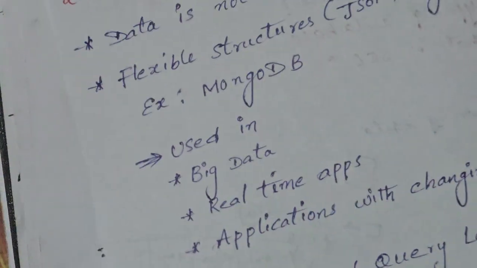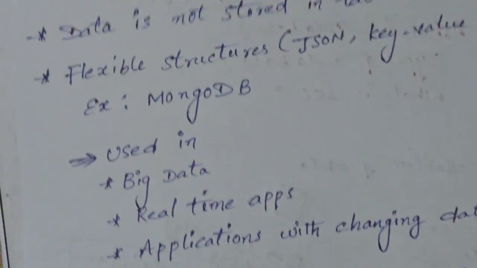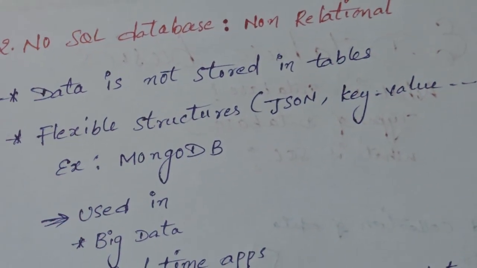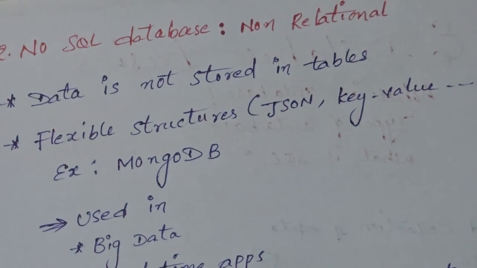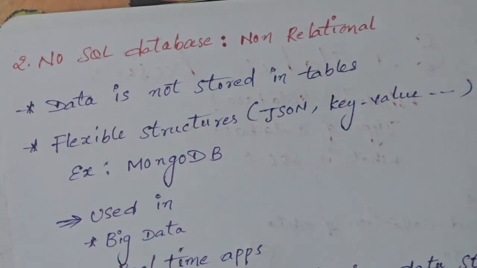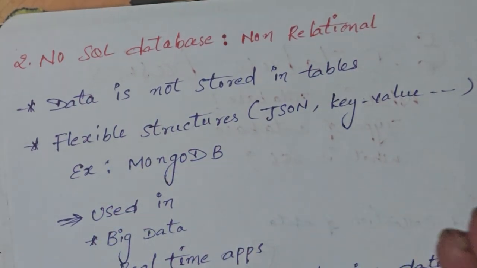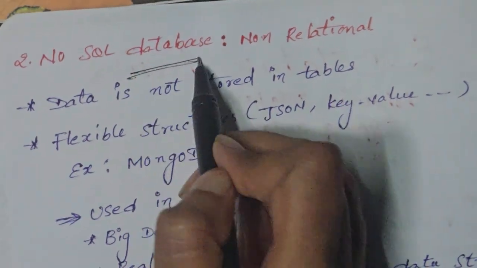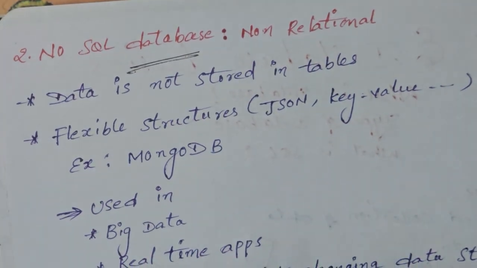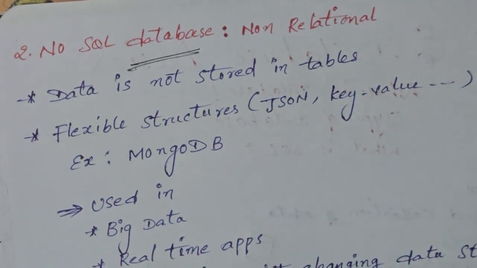Let's go to the non-relational database. In the NoSQL database, data is not stored in a particular structure. If the data does not have any structure, then we can go with a NoSQL database.